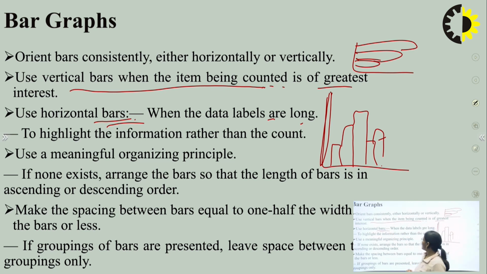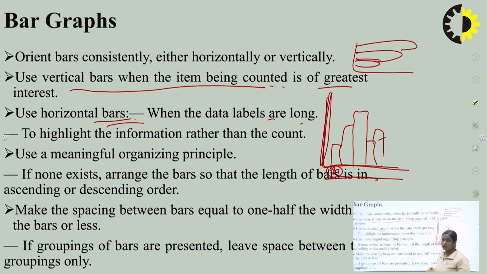Then to highlight information rather than count, use a meaningful organizing principle. If none exists, arrange the bars so that the length of the bar is in ascending or descending order. It is also one of the points which we have to take into account. That means if we can order it in some way, for example if we want to create data according to year, then this is the format we have to follow.